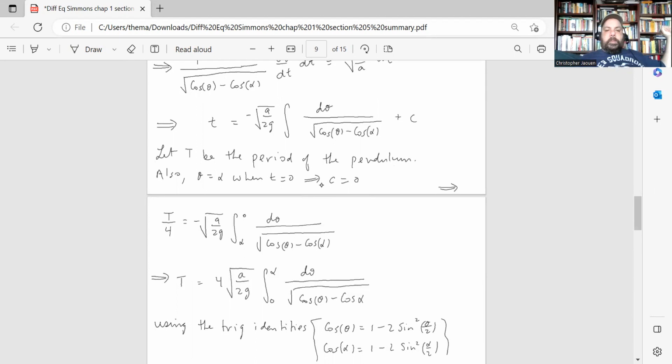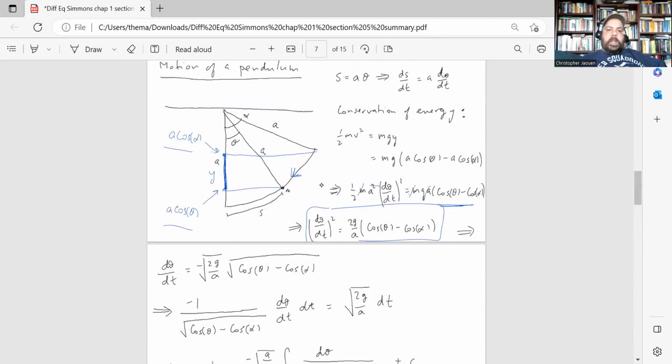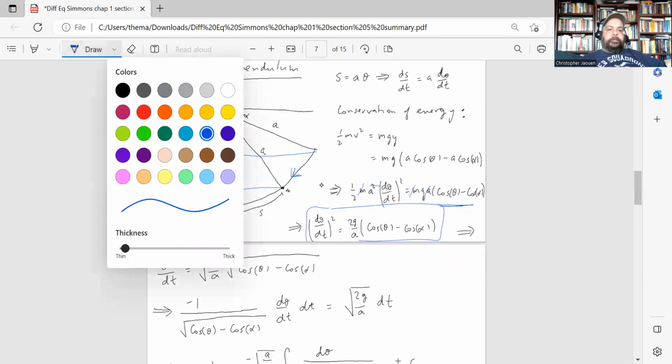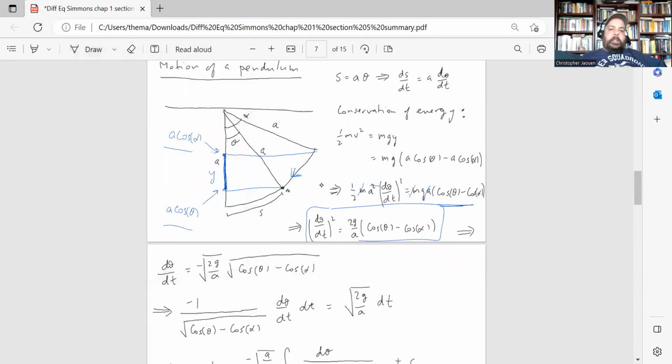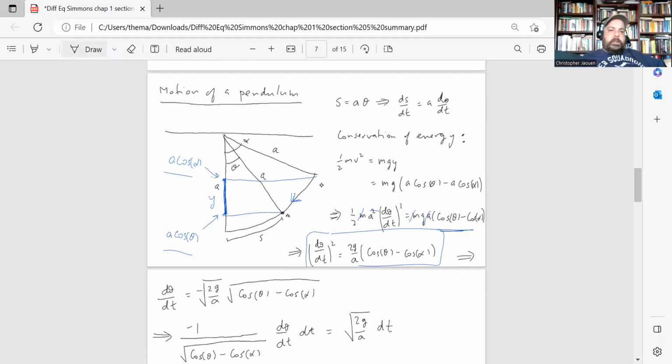Let's say that t is the period of the pendulum. The period of the pendulum is the time it takes for the pendulum to swing forward and then back to its starting position, right?